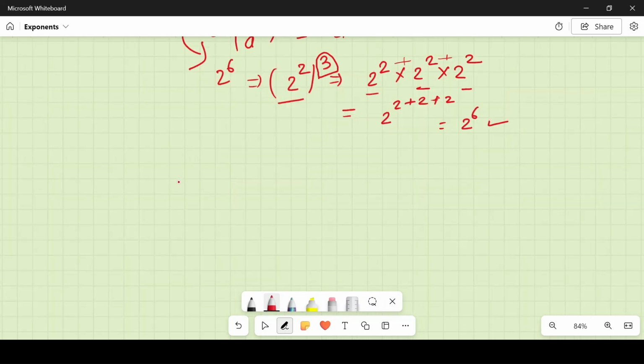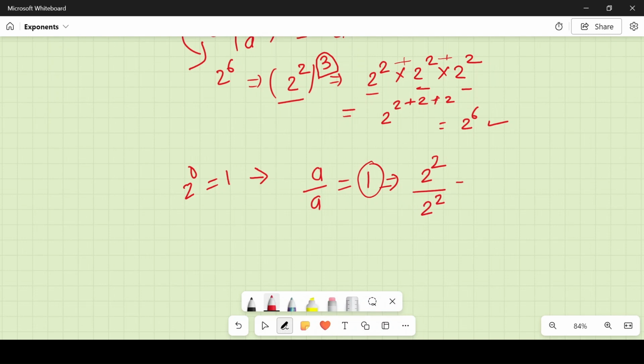Before we wrap up this video, as we all know, anything to the power 0 is always 1, right? So let me explain how this is happening. As we all know, anything divided by itself always gives us 1, right? Suppose I have 2 raised to the power 2, and again I am dividing by the same number.